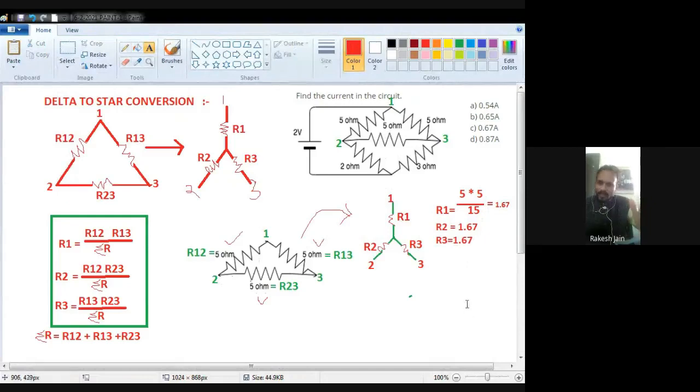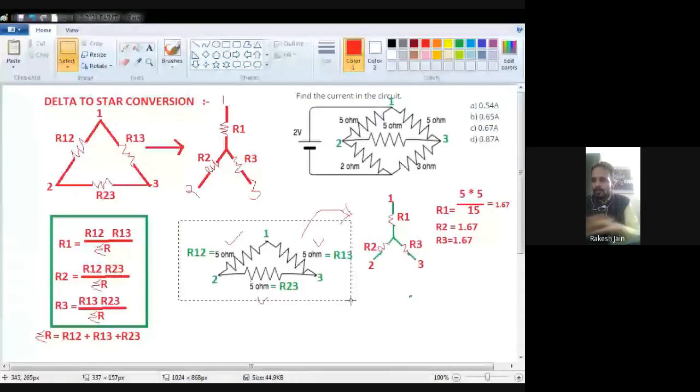Okay, first of all R1 is equal to 1.67, similarly R2 will be equal to 1.67, and definitely R3 will also be equal to 1.67 ohm.